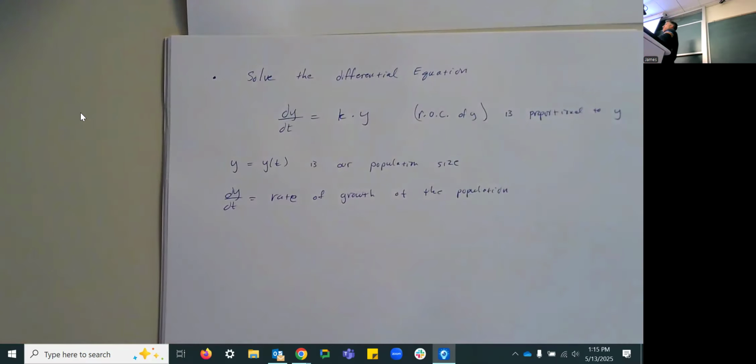What we're saying here is the rate of growth of the population is proportional to the population size. If you have more people, the rate of growth is going to be larger because more people are going to make more people. The more people you have, the more people you're going to make.